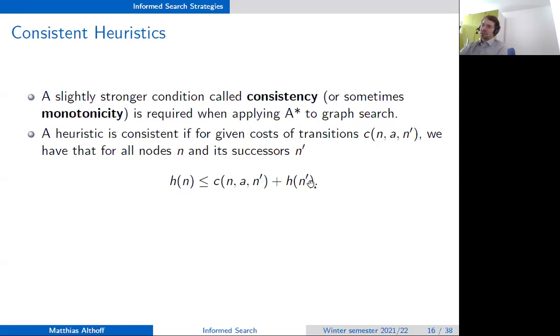You see already, this is some form of triangle inequality.